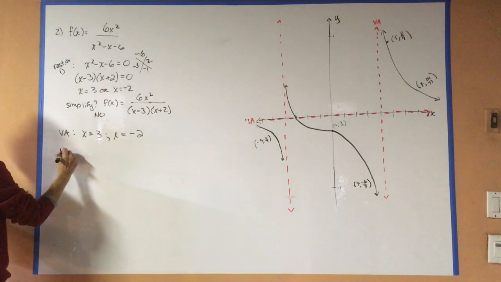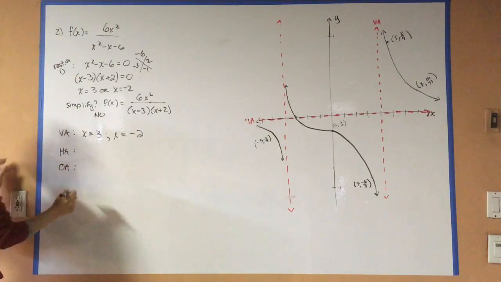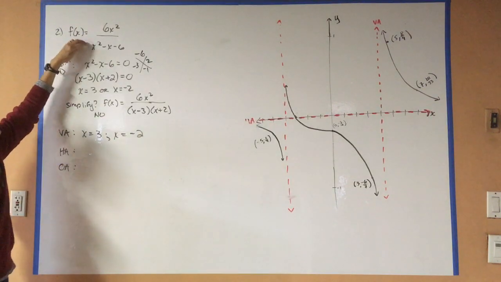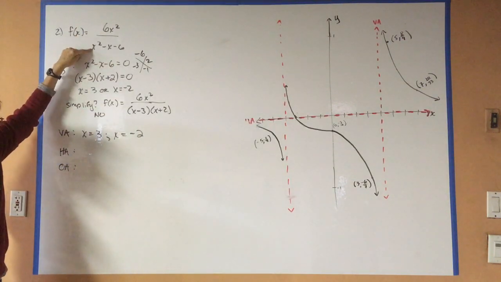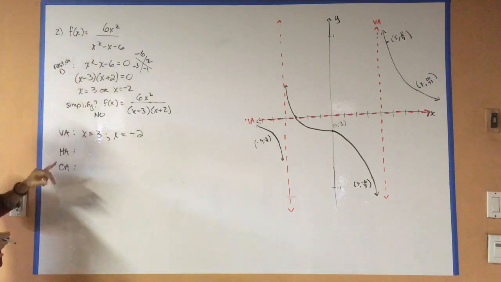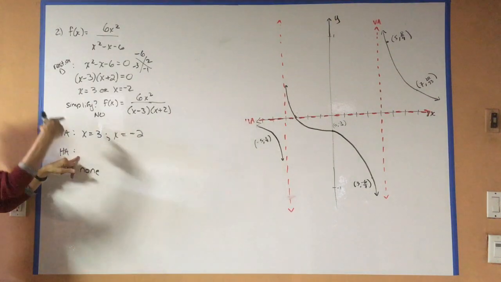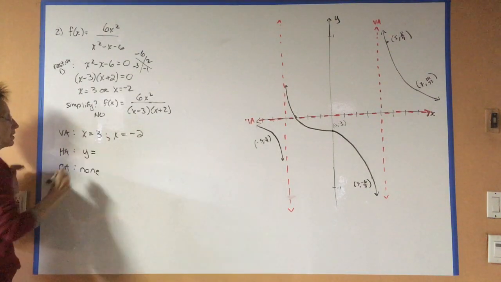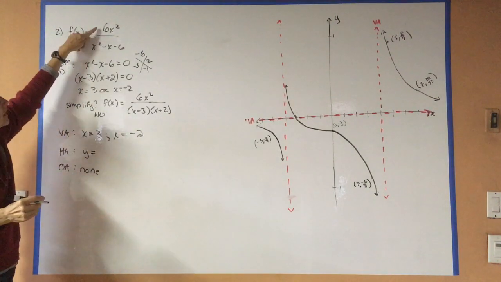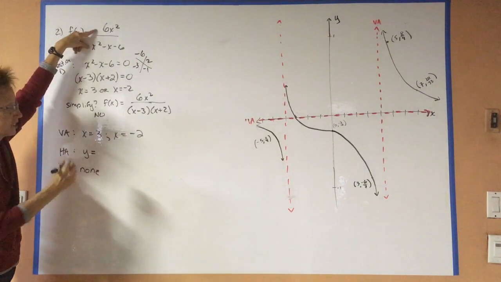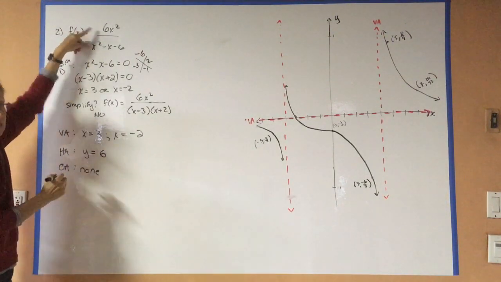My HA or my OA, I look at degrees. This is degree 2, this is degree 2. Same over same, that means it's an HA, that means there's no OA. Same over same means that my HA is going to be y equals leading coefficient over leading coefficient, 6 over 1, which is 6.